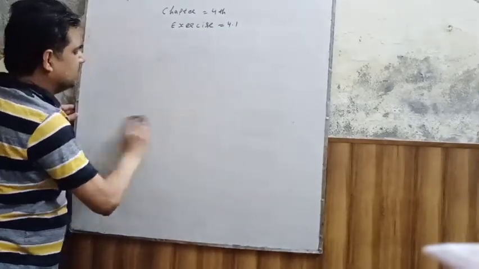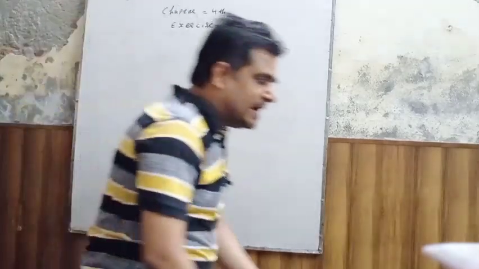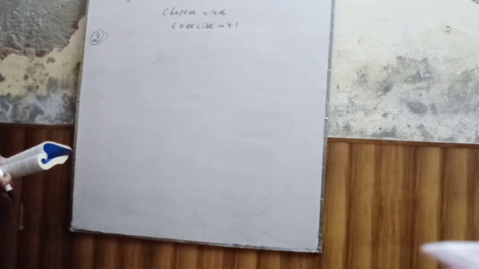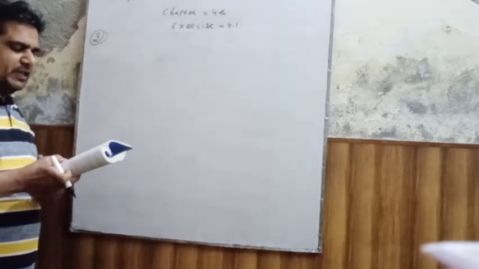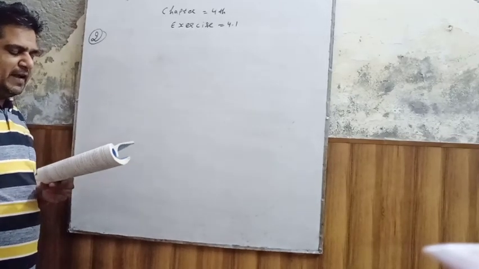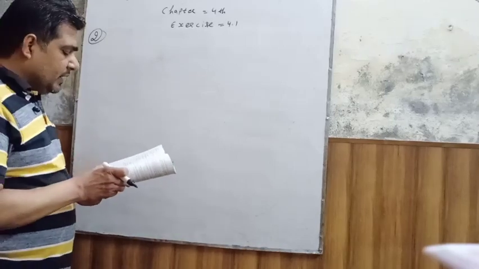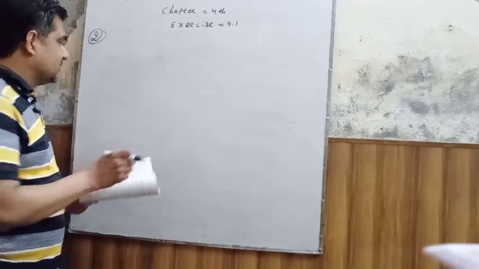In the second question, we have 6 parts. Express the following linear equations in the form ax plus by plus c is equal to 0 and indicate the values of a, b, c in each case.